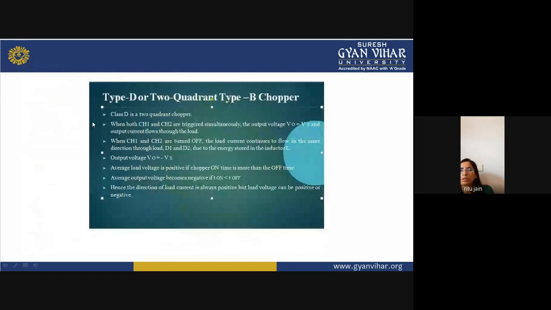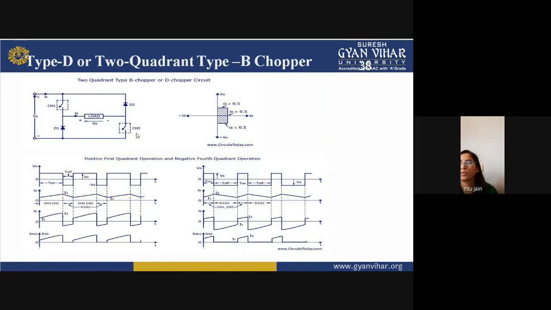When CH1 and CH2 are turned off, the load current continues to flow in the same direction through D1 and D2, due to the energy stored in the inductor L, and the output voltage will be equal to minus Vs. When both are on, the inductor is connected to the load, so the energy stored in this inductor will start to flow through these diodes.